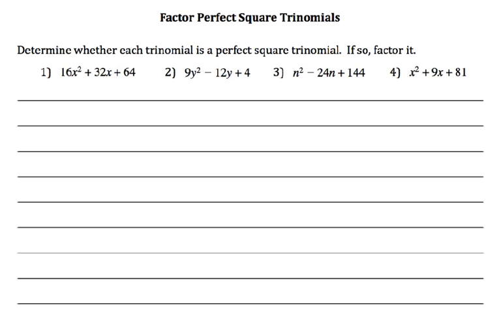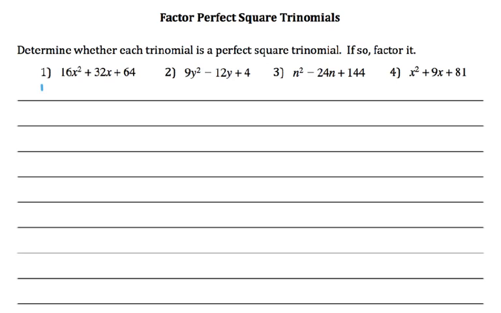The instructions for these, where we're told to factor perfect square trinomials, tri meaning 3, we're going to have 3 terms. First, you have to determine whether it is a perfect square trinomial. If so, factor it. So we look at number 1. Feel free to pause and give yourself some time to think about it, because maybe I'd like to see if I can reduce the value of these numbers.